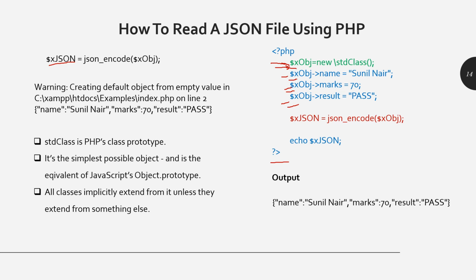Our intention is to write the JSON file format using PHP. So definitely we should have an object, so first we have to create that. This step will do that. This is the object we have.